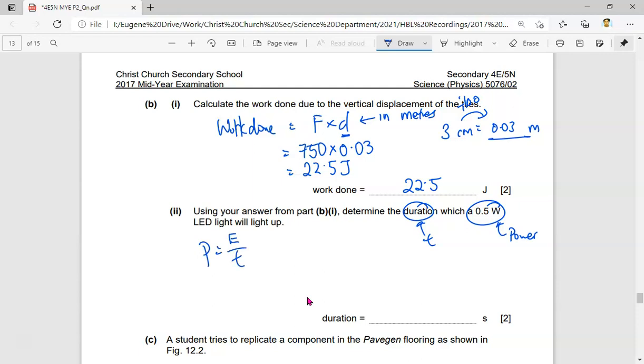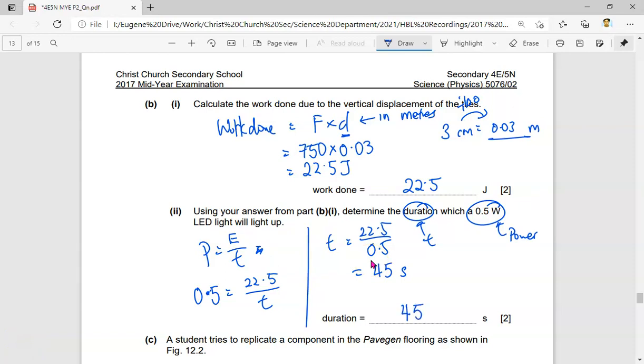Work done is a form of energy. So 0.5 equals 22.5 divided by time. Let's do a little bit of math. T comes up, 0.5 goes down, so 22.5 divided by 0.5. So what I'm going to get here is the answer, 45 seconds. Okay, so the time calculated here is 45 seconds.